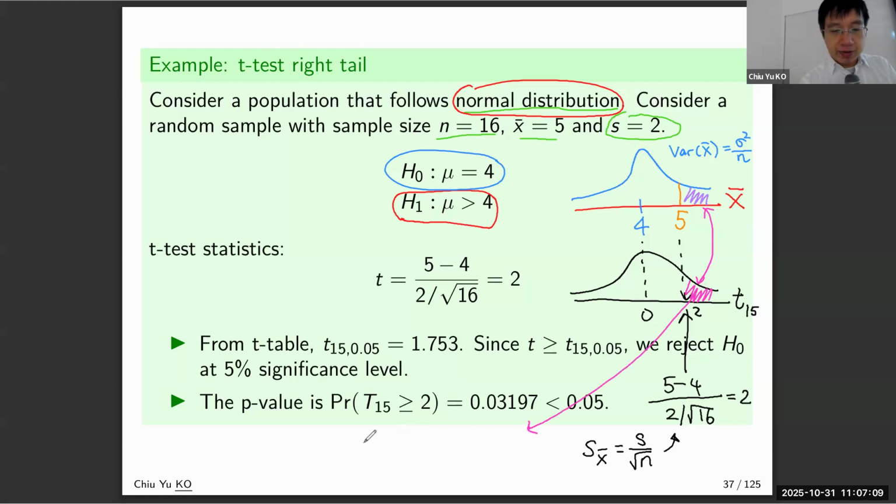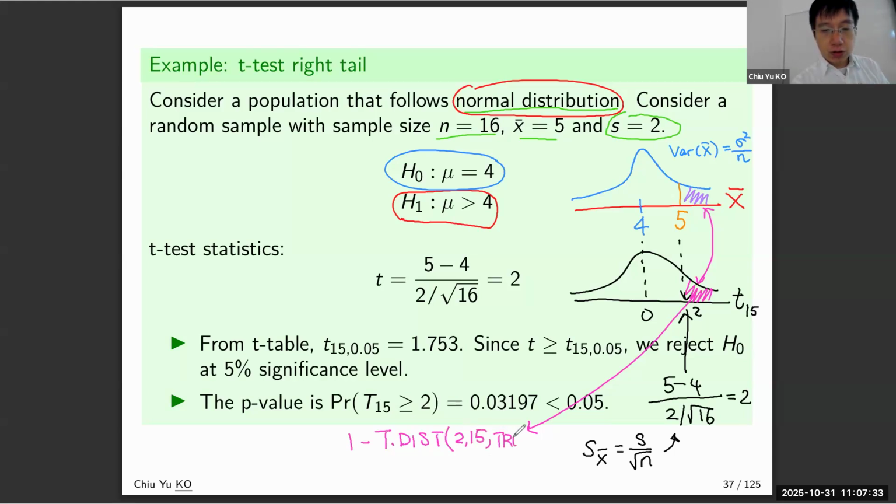This area will simply be 1 minus, because we only know the left-hand side area, T of 2. But we have to say which T table: we look at the 15 table.